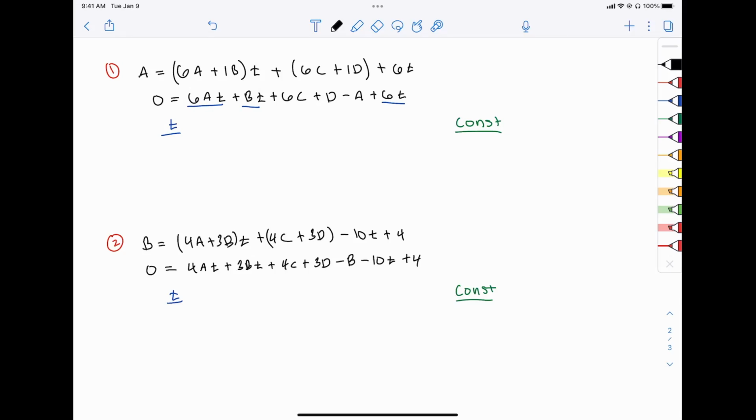So if I take my blue terms that I just highlighted, I say 0 equals 6at plus bt plus 6t. Or we can factor out all of the t's and get that 0 equals 6a plus b plus 6.